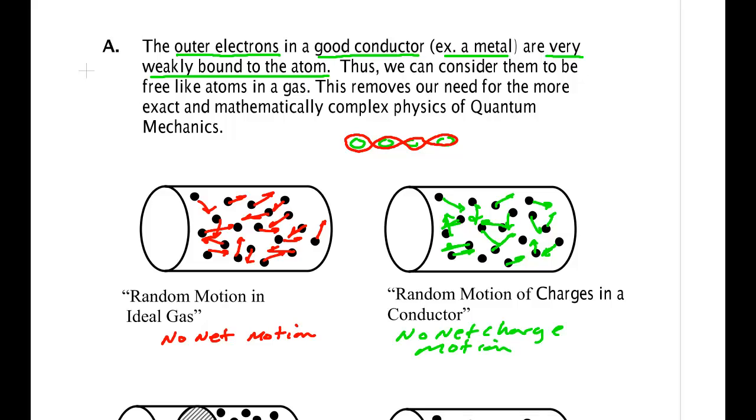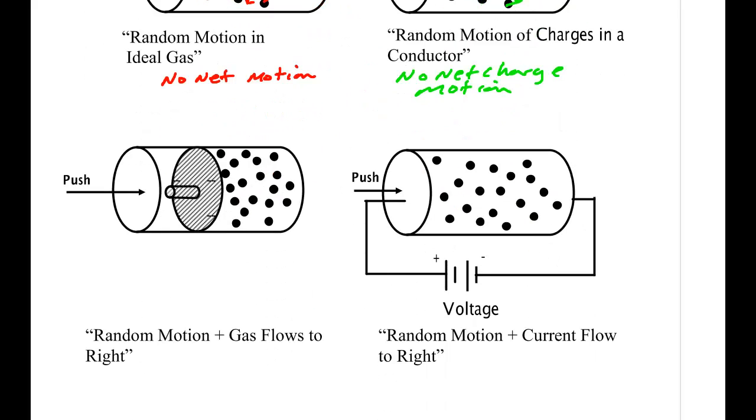Now, if you take the gas and you were to put a plunger on the end of it, and you were to apply a pressure and push that plunger, then you would still have these atoms moving in random directions, but there would be a net push and hence a net velocity component causing these atoms to move to the right. They'd bang into each other and not go in a straight line, but the net effect is that they would have a net motion in this direction.